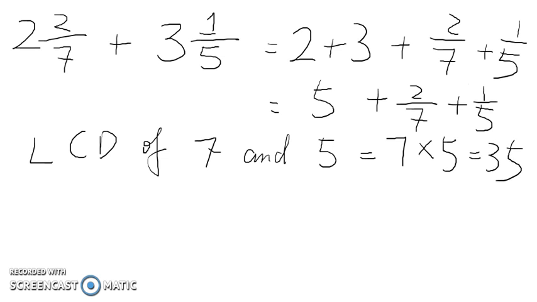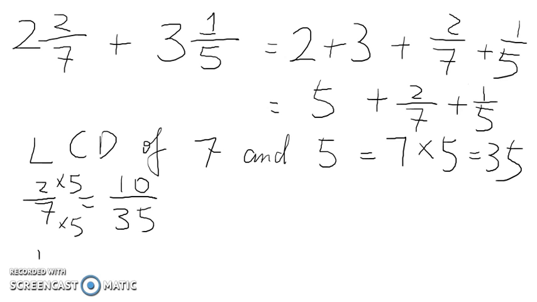And hence, 2/7 becomes times 5 and times 5, we get 10 on the top, and 1/5 times 7 and times 7, which will get 7 over 35.